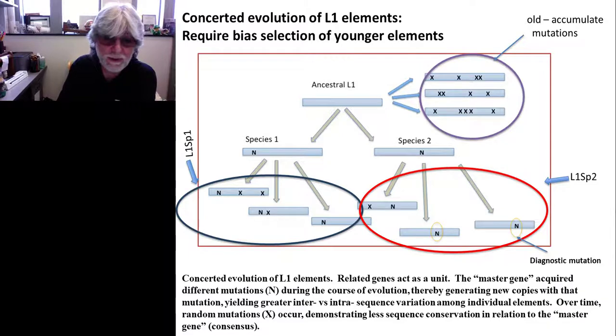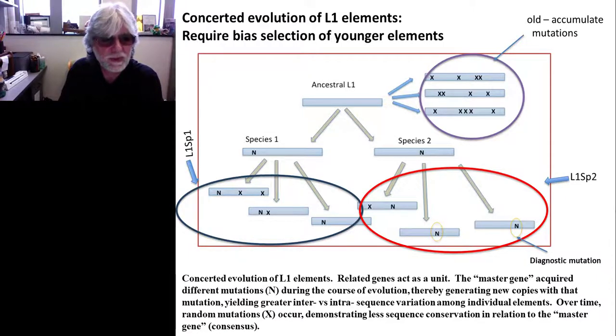So how do we determine young elements? Well, we look at lots of L1 elements and develop a consensus sequence. And then we utilize what's referred to as concerted evolution. In other words, when you're looking at lots of elements, they'll share certain sequences.